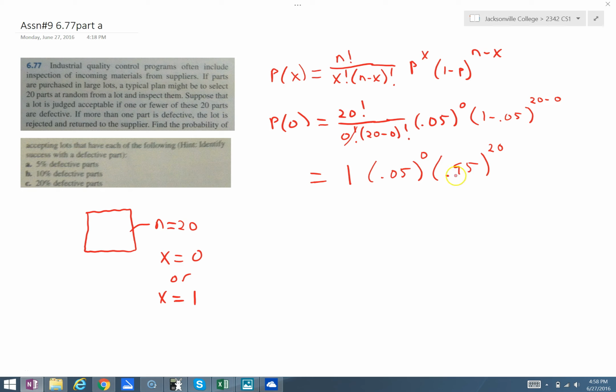So what we're saying here is 20 consecutive good parts, no bad parts, times 1. Using your calculator, that is simply 0.95 to the 20th power, and that's approximately 0.3585.